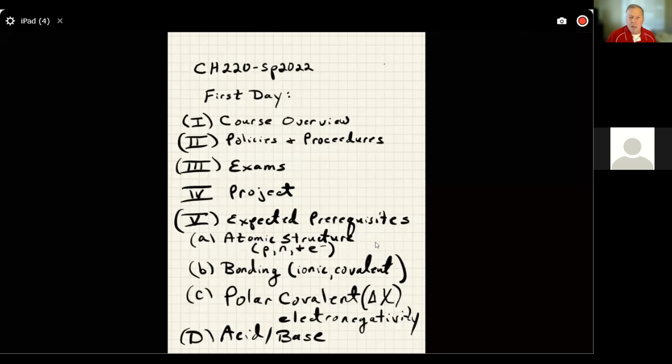However, I looked at the people in the course, and it does look like a good number of you, it's been at least a year or two since you've taken Chem 101, General Chemistry, which is the prerequisite for this. So I'm going to do a very cursory overview of general chemistry, the really essential concepts that we're going to need in order to be successful in the course.